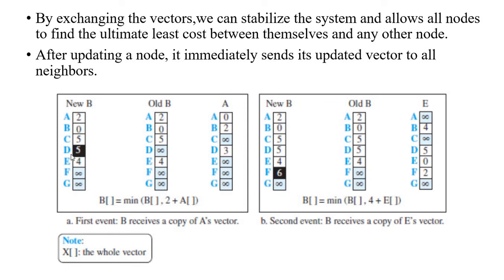Wherever required, for example here, to send the data packet from B to D the value is shown as infinity, meaning the path distance is not correctly predicted. But after getting the data table from A, we can see that from A to D the distance is 3.